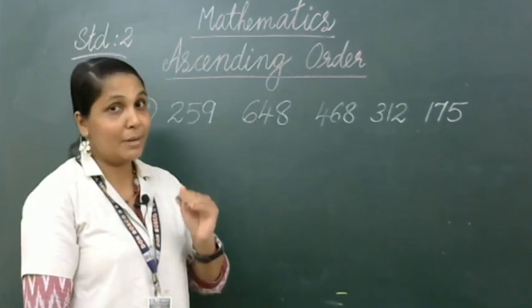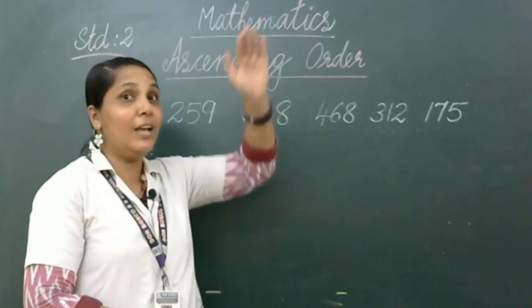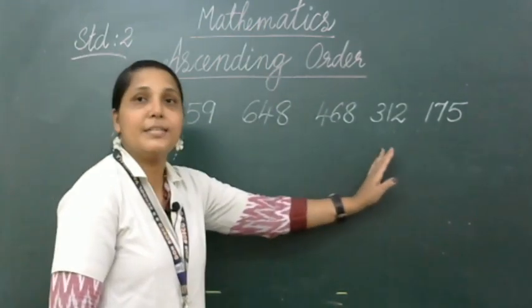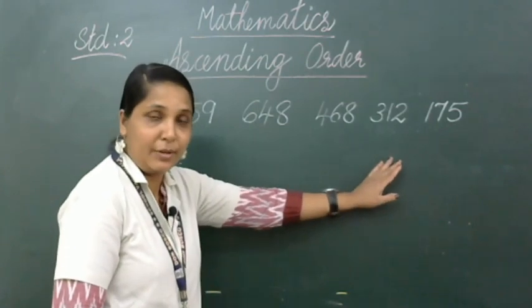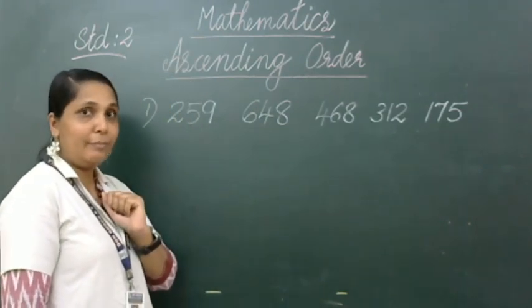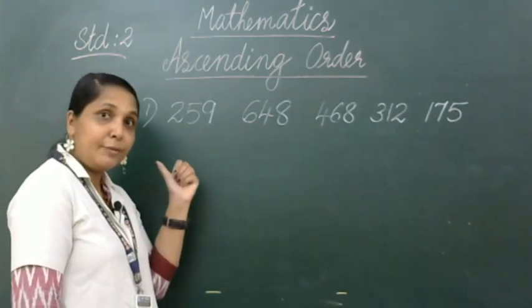What is meant by ascending order? From the smallest to the biggest number. So from these you have to find out the smallest number first. How will you find the smallest number? Do you remember? We start from the leftmost position.